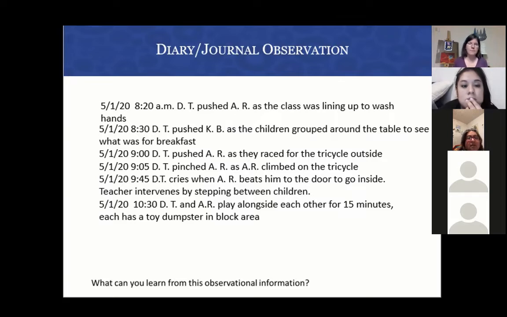Interesting. That would be interesting to know. Is AR provoking him, doing something to get DT worked up? So is AR doing little micro pushes or microaggressions that are making DT flip out? Possible.